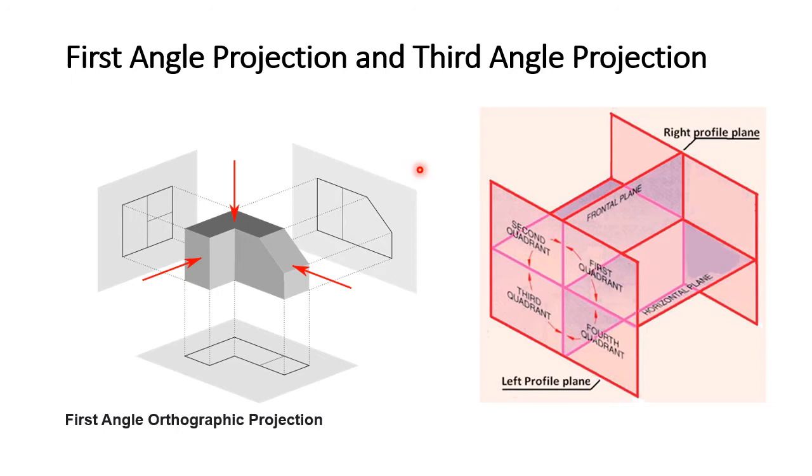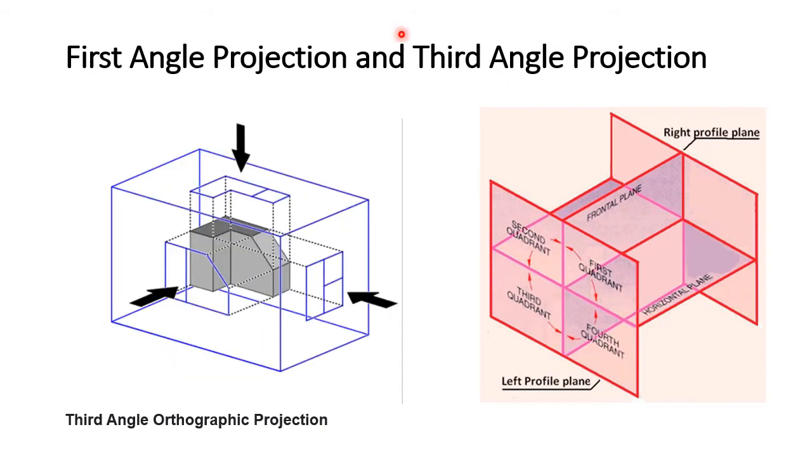For getting orthographic views from a 3D object, we divide the plane into 4 quadrants. You remember your analytic geometry. This is the first quadrant. The object is placed in the first quadrant for the first angle projection. When you project the faces, you see these lines.